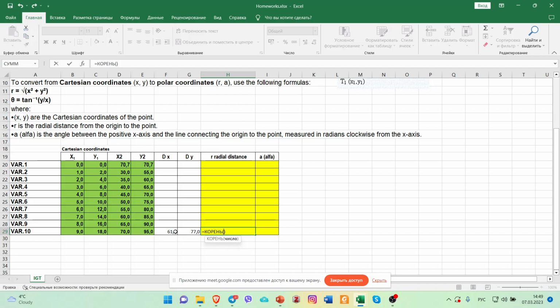Well, we take multiplication 61 to itself plus multiplication 77 to 77. Here you can see the radial distance.